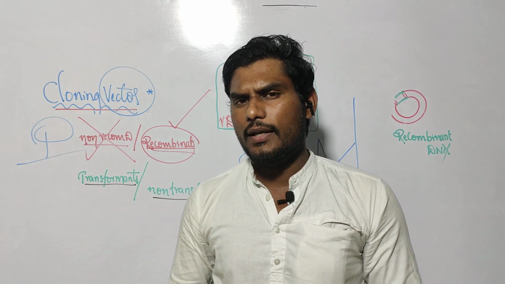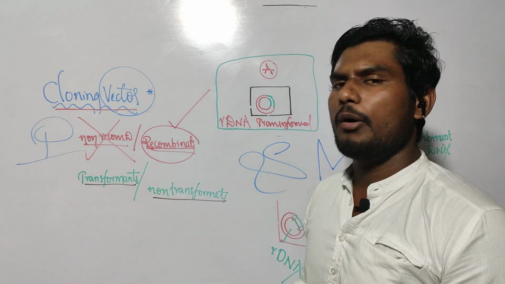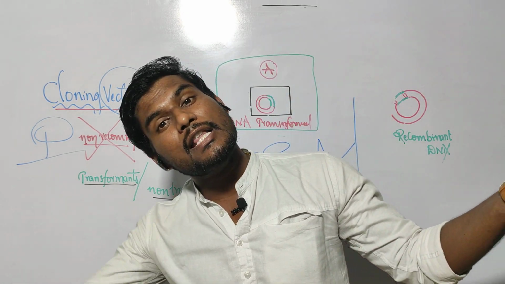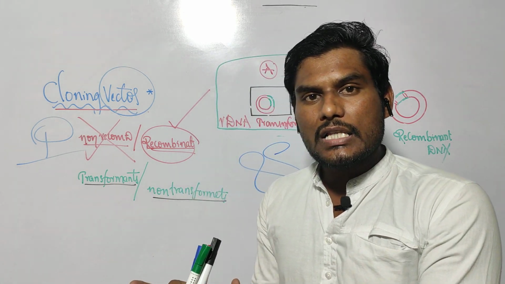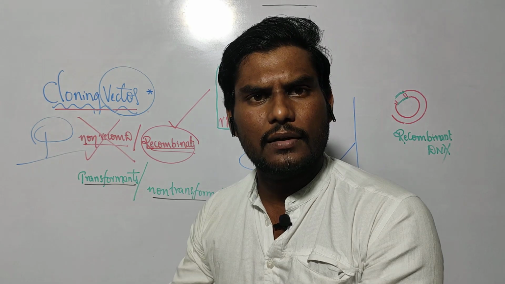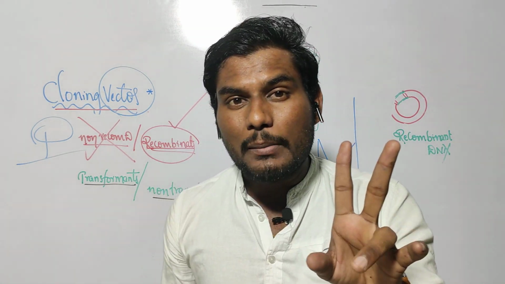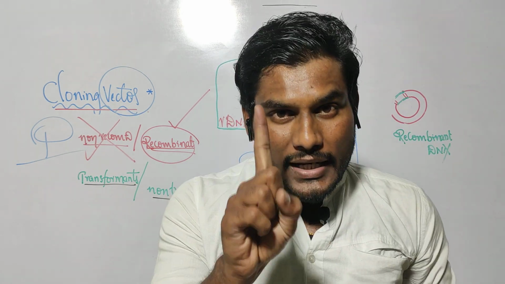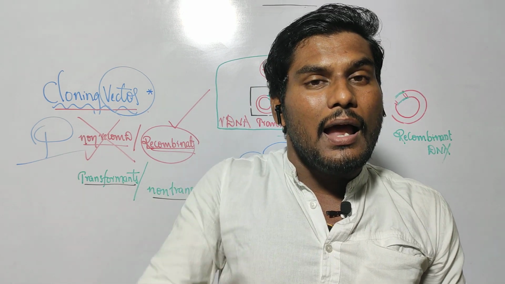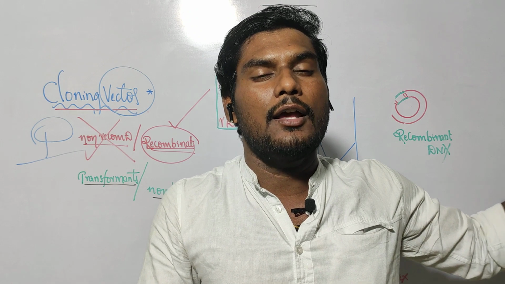Understand carefully: what is a non-recombinant DNA, what is a recombinant DNA, what is a transformed bacterial cell and what is a non-transformed bacterial cell. Non-transformed bacterial cell means one which doesn't take the vector. We don't want that. Transformed bacterial cells are of two types: a recombinantly transformed bacterial cell and a non-recombinantly transformed bacterial cell.